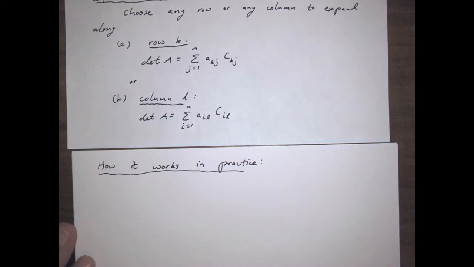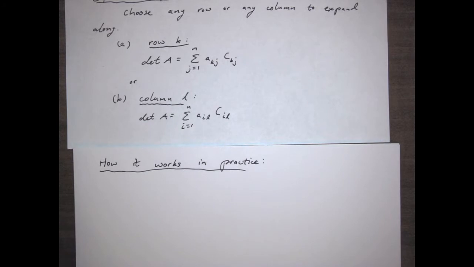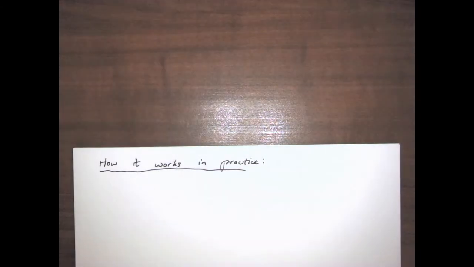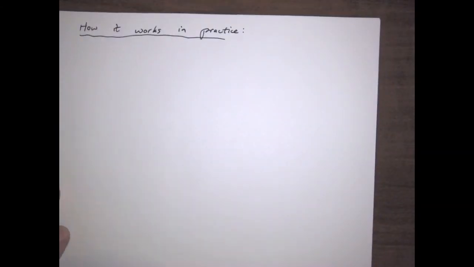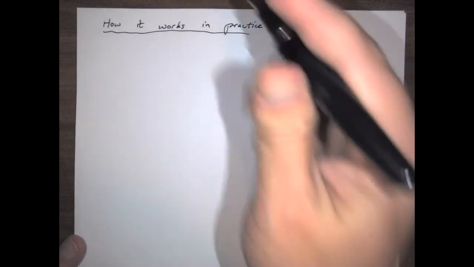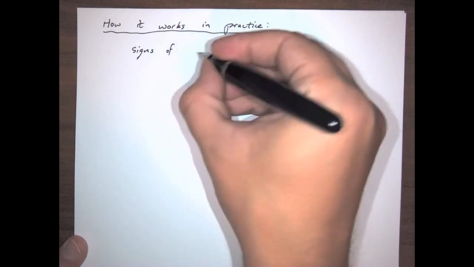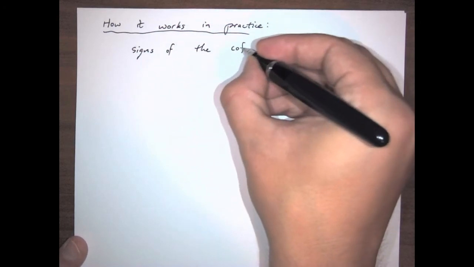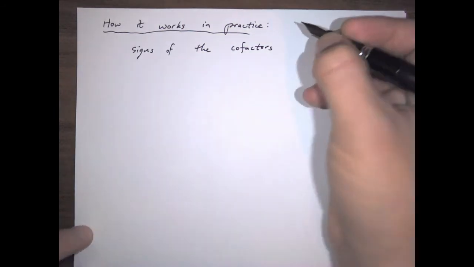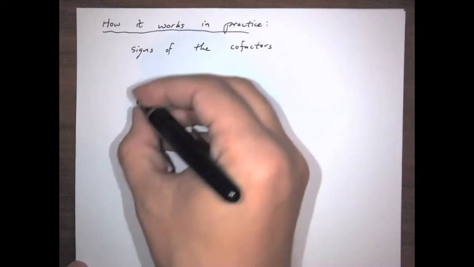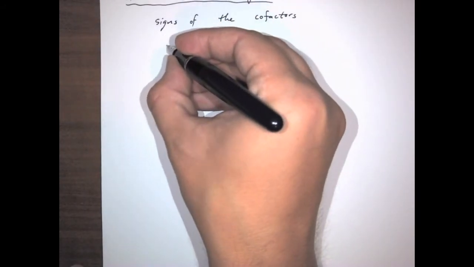So first off, the signs, the (-1)^(i+j), that is just going to be either 1 or -1, all depending on whether the row plus the column makes an even or an odd number. So the signs of the cofactors will basically be this checkerboard pattern.